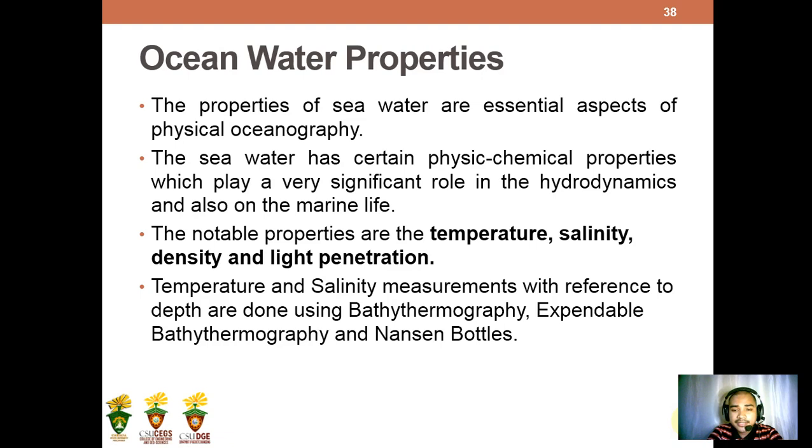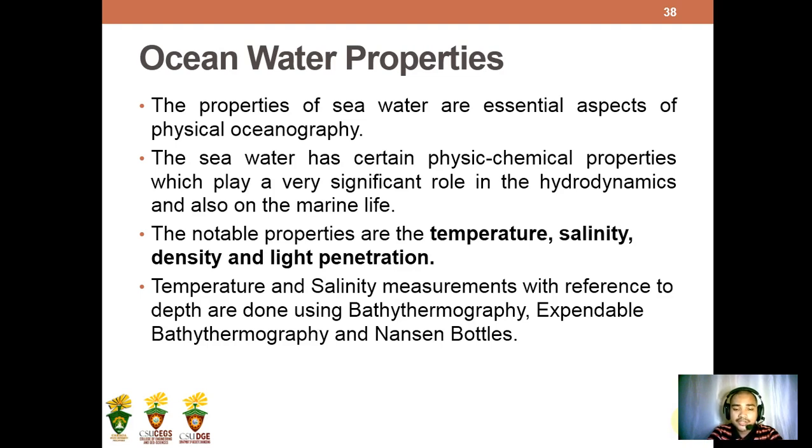Seawater has certain physico-chemical properties which play a significant role in hydrodynamics and in marine life. These notable properties are temperature, salinity, density, and light penetration.